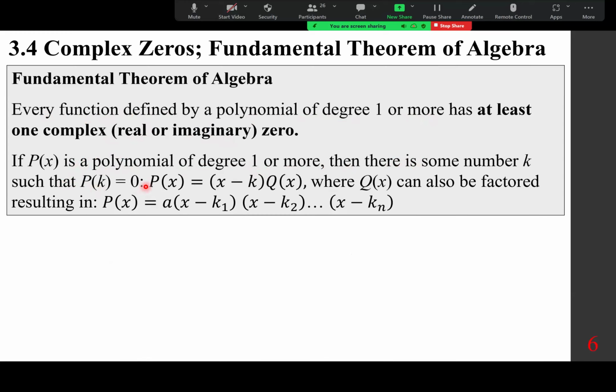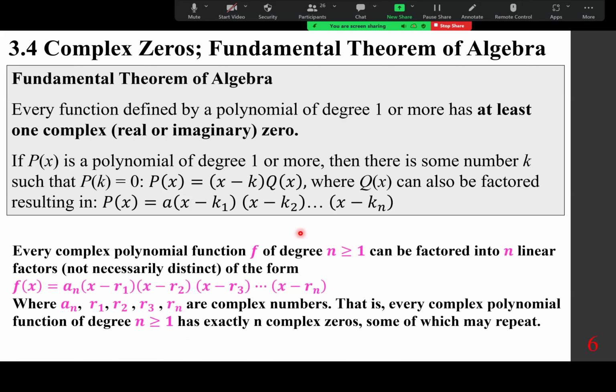So therefore, p of x is x minus k times q of x, where q of x can also be factored, resulting in p of x being a times x minus k1 times x minus k2 all the way to k sub n. So every complex polynomial function f of degree n larger than or equal to 1 can be factored into n linear factors, not necessarily distinct, of the form f of x equals a sub n times x minus r sub 1 times x minus r sub 2 all the way to r sub n, where a sub n, r sub 1, r sub 2 all the way to r sub n are complex numbers.